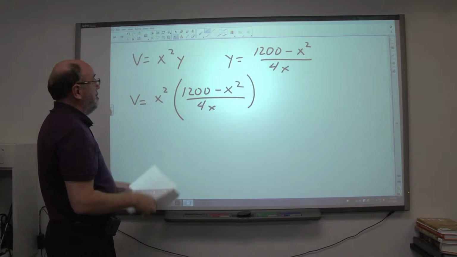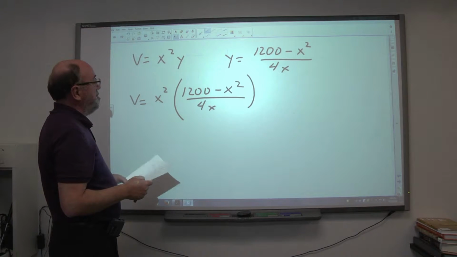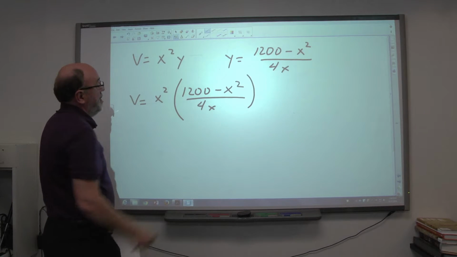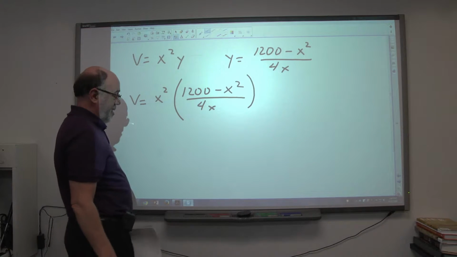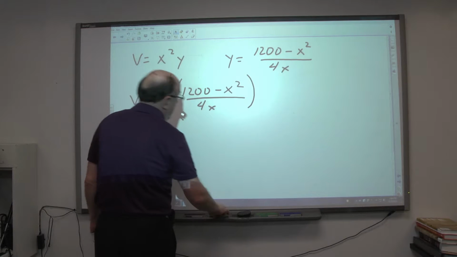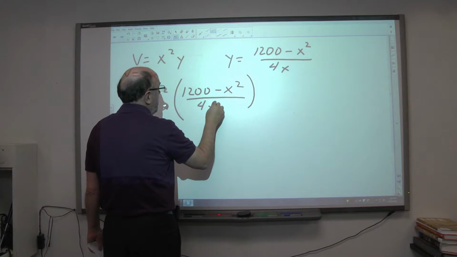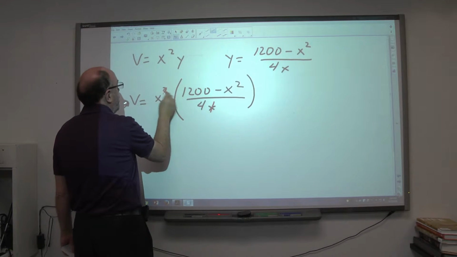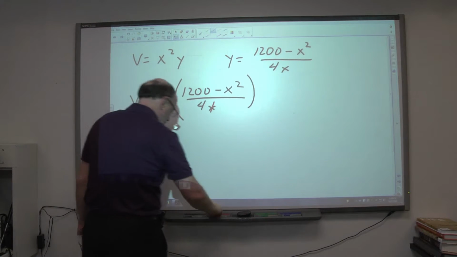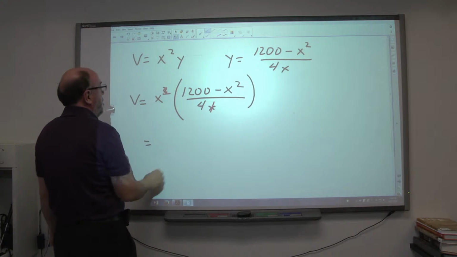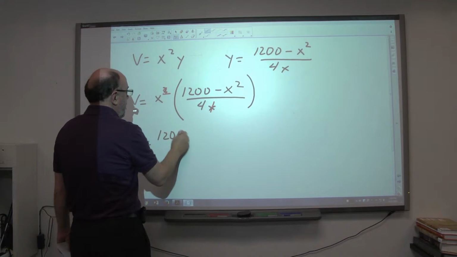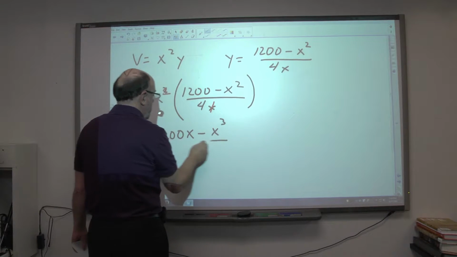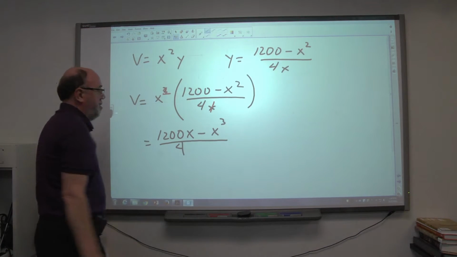So now if I look in terms of this, well, we got an x down here, we got an x squared up there. And so this x goes away, and this will just become x to the first. And so we'll get 1200x minus x cubed over 4.